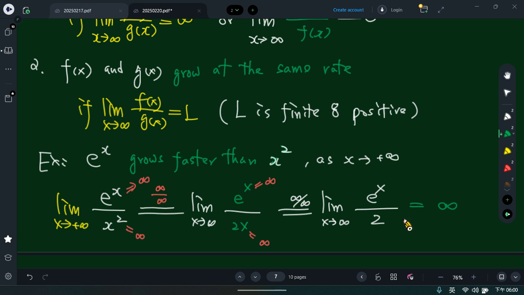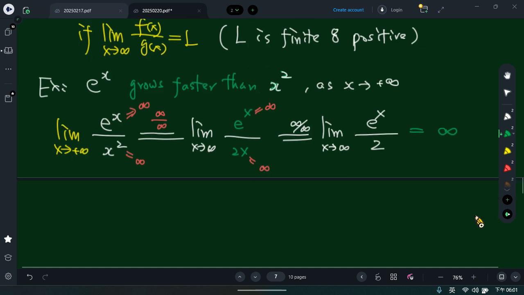The result is infinity, which means the numerator is faster than the denominator. Of course, you can turn it upside down, and the result will be 0.